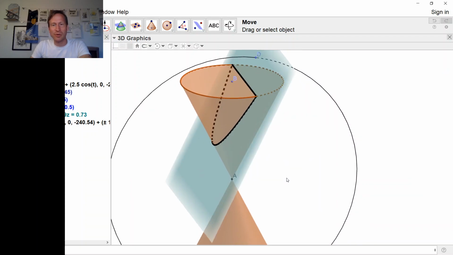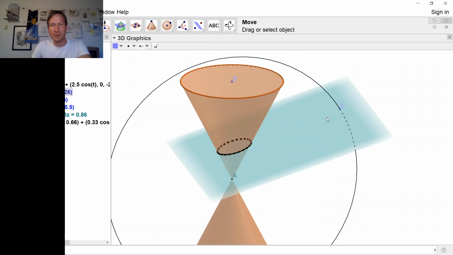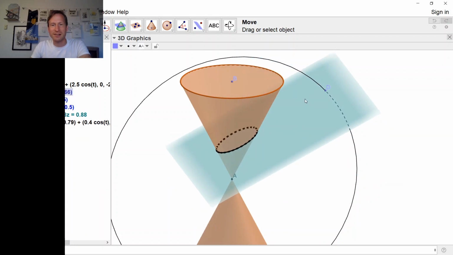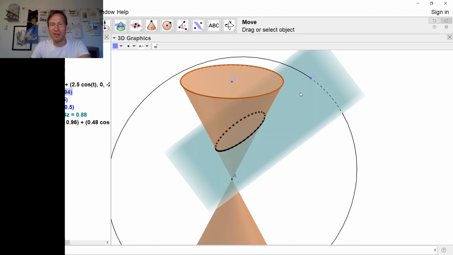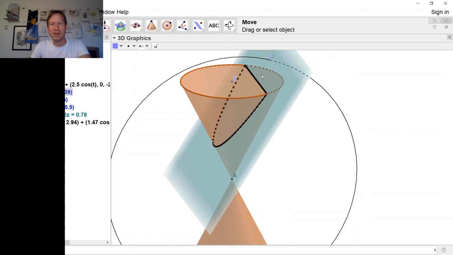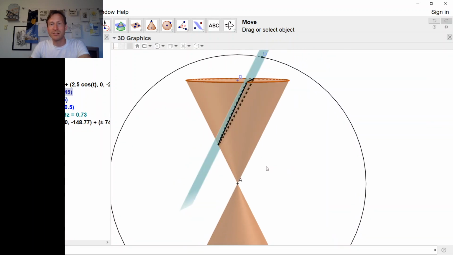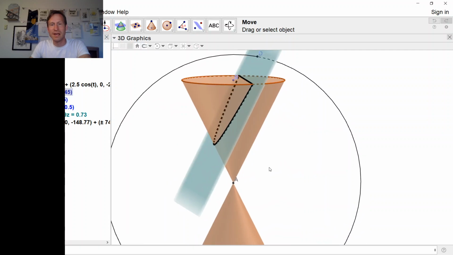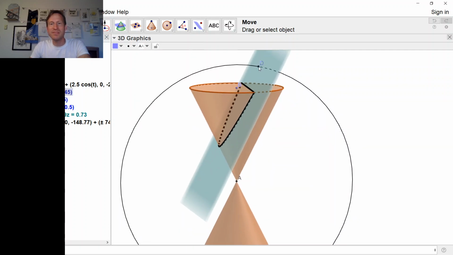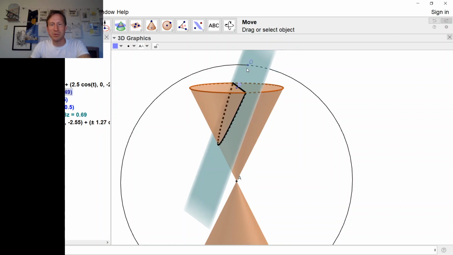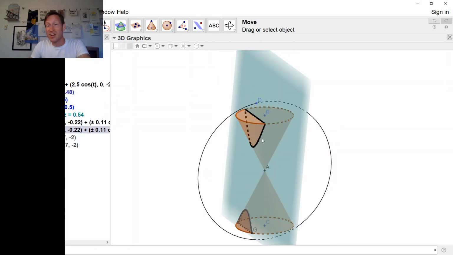All right, so far the conic sections that we have gotten are a circle when the plane is horizontal, an ellipse when the plane is at a small angle, and a parabola when the plane is parallel to the side of the cone. Now when the plane keeps tipping up past the parabola, eventually it intersects not just the top part of the cone, but also the bottom part.